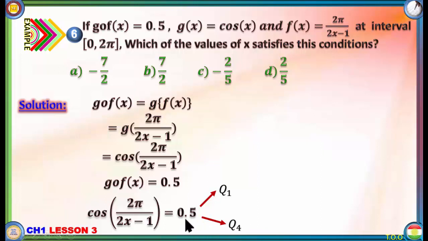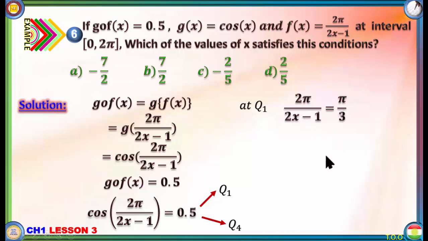Because we have 0.5, that means the angle value is pi over 3. Therefore, at Q1, the angle 2 pi over 2x minus 1 is equal to pi over 3.